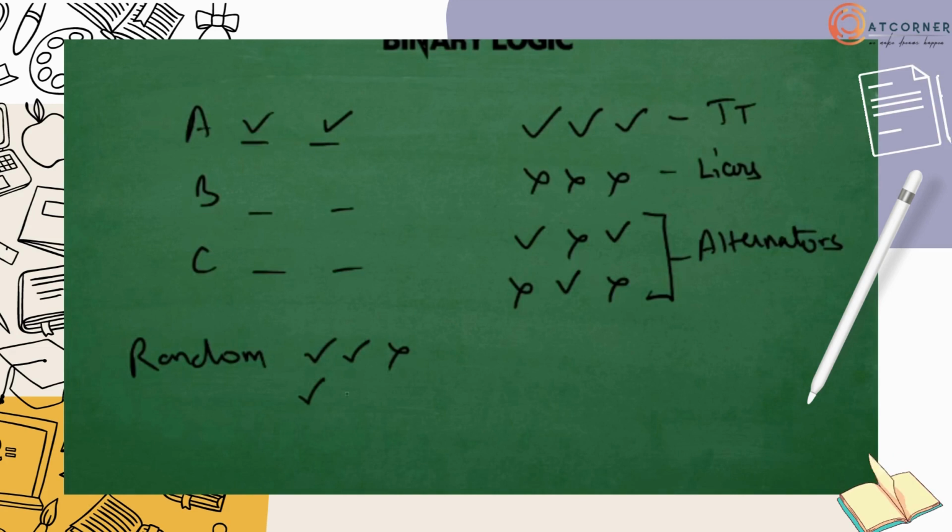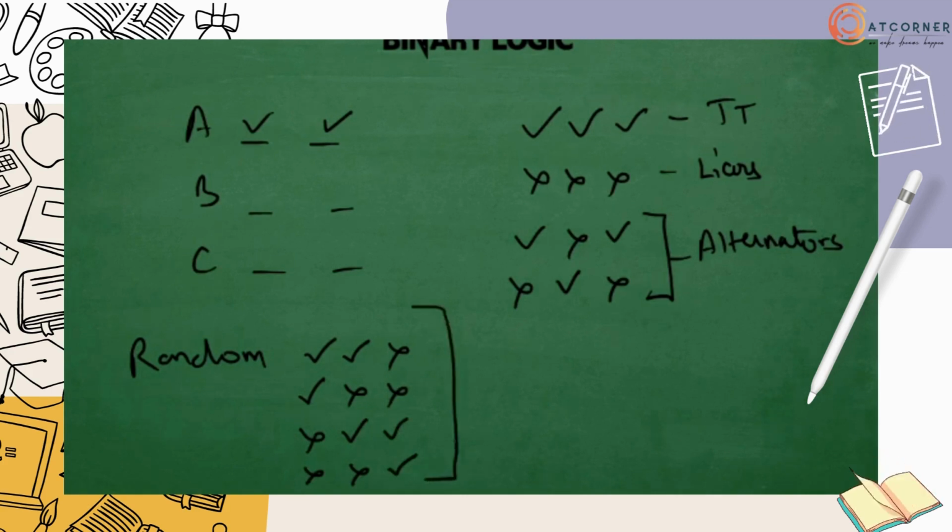First is true, second will be false, third will also be false. If first is false, second will be true, third will be true. If first is false, second is also false, and third is true. So these are basically four categories of random, because they are not truth tellers, they are not liars, and they do not alternate between true and false.